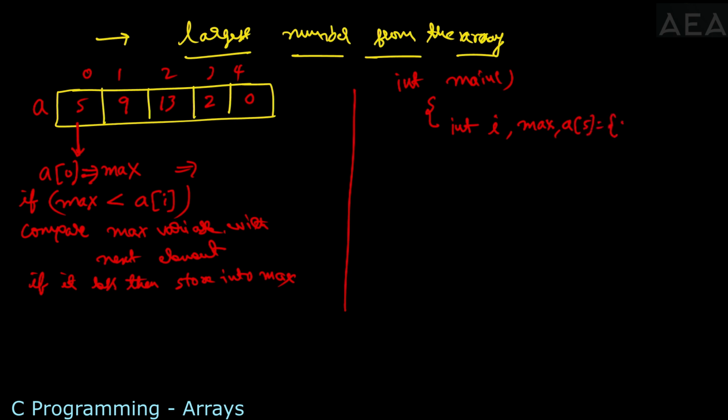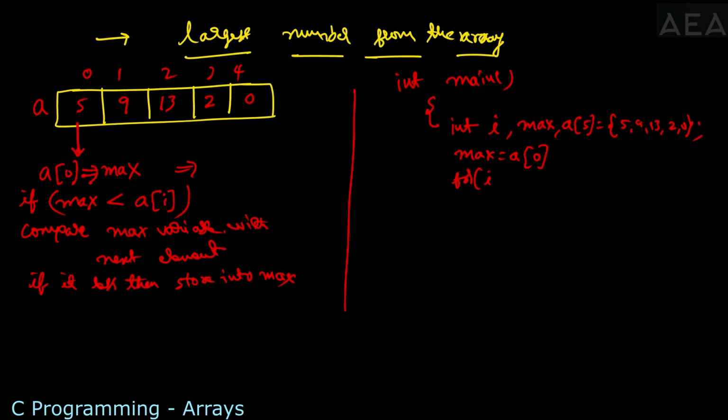The array consists of which type of elements? 5, 9, 13, 2 and 0. Later I am writing directly the values. First of all, we have to read that first position value. So max is equal to a of 0. First element has to be stored into the max, later write the loop.